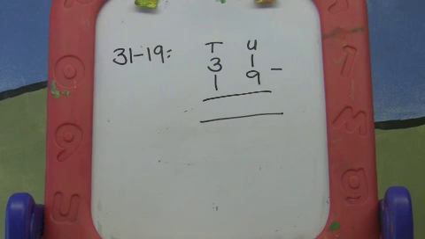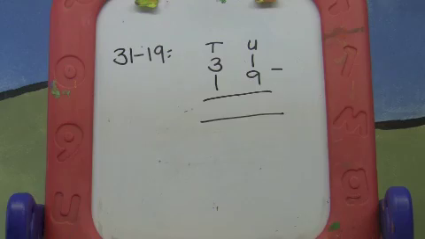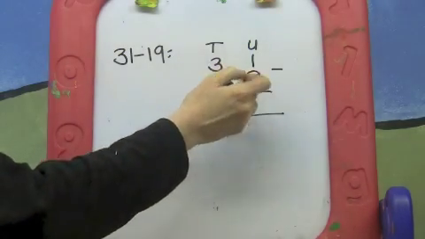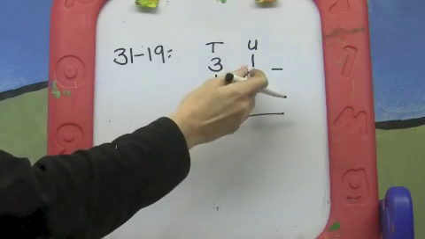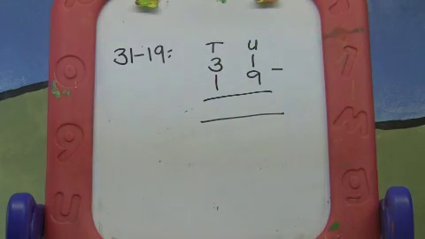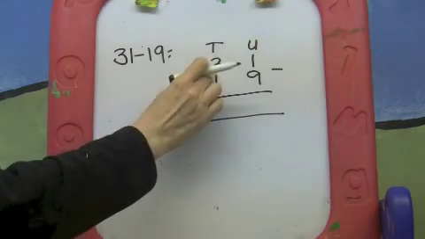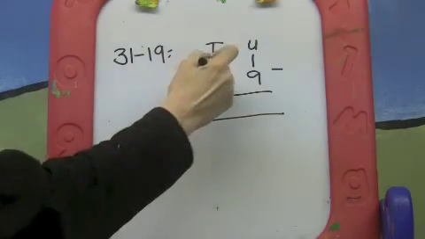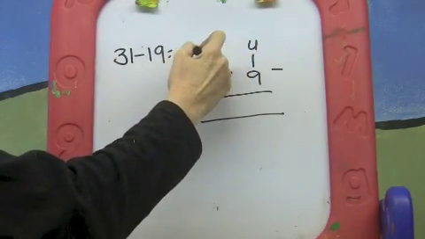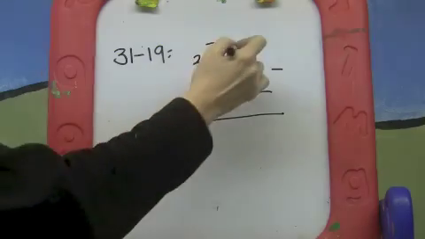The first thing to do is the units. 1 take away 9. Well, I can't take 9 away from 1. So I'm going to go to the tens column and borrow a 10. I've got 3 tens there. If I take 1 away and put it in the units, I'd be left with 2 tens.